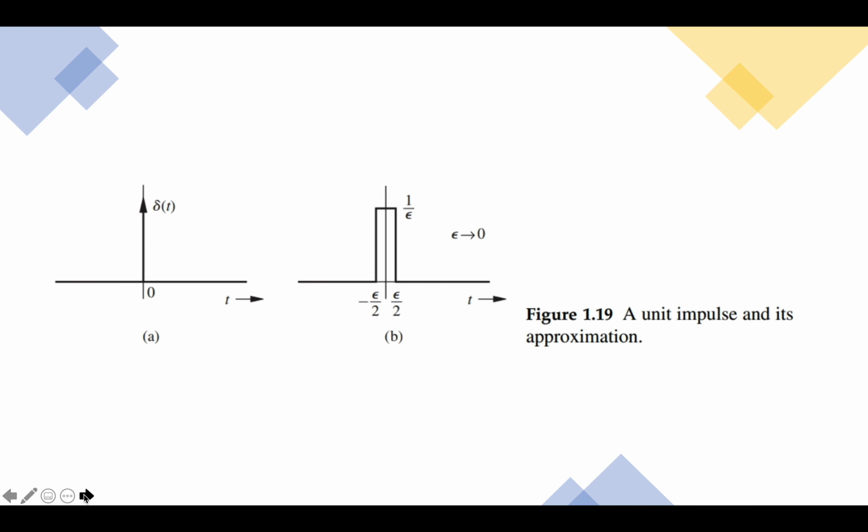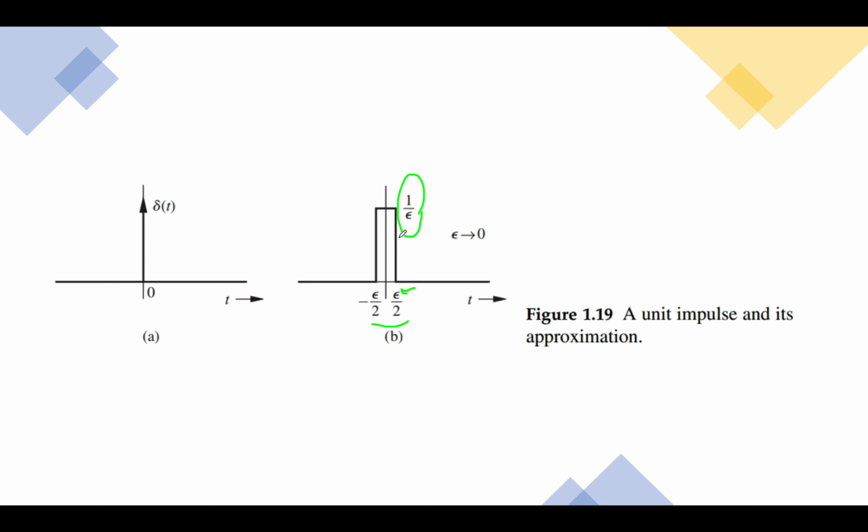Now, the impulse function is approximated pretty often because it is kind of a mathematical concept to be infinitely tall and infinitely narrow. So a lot of times it can be represented, for example, as a rectangular pulse that has a very narrow width, where epsilon here is very small and has a height of 1 over epsilon.